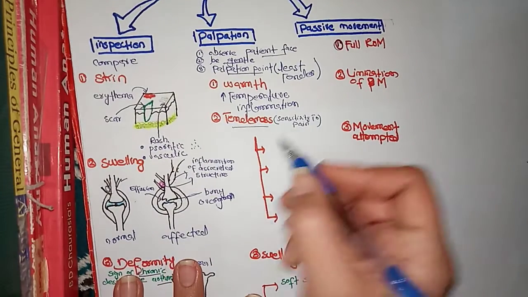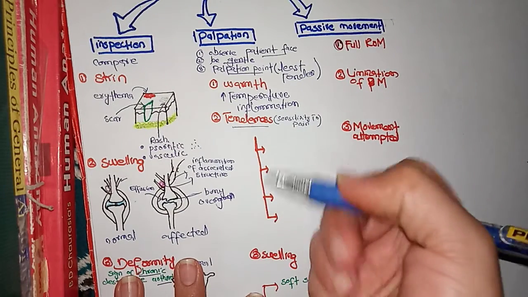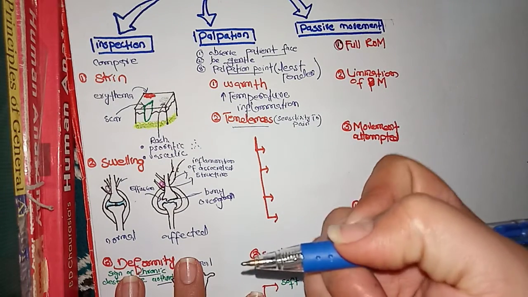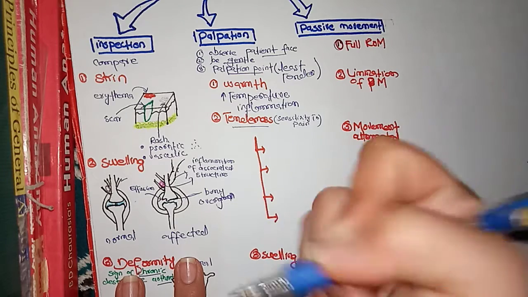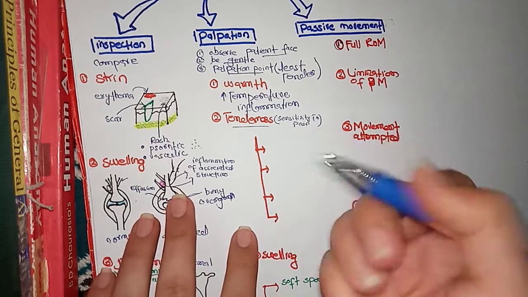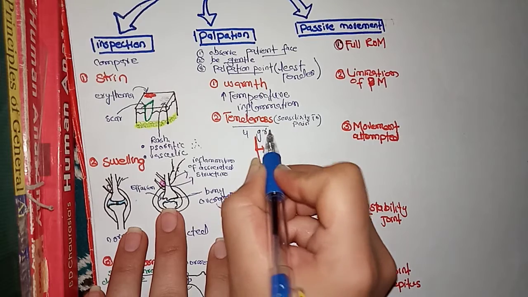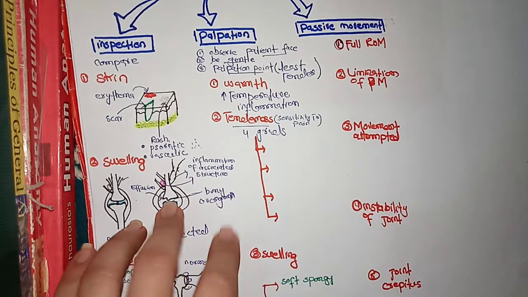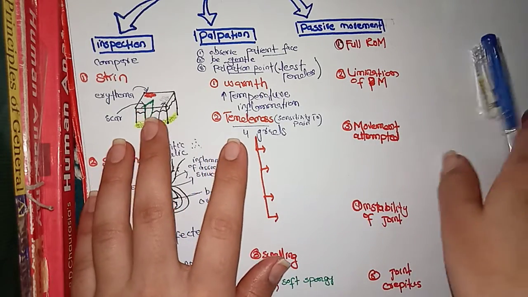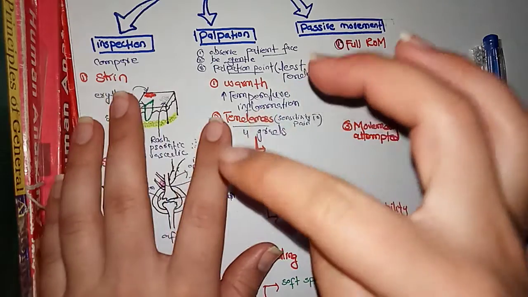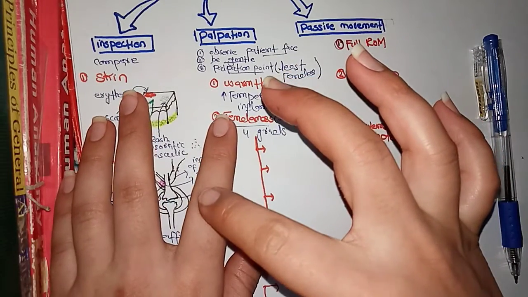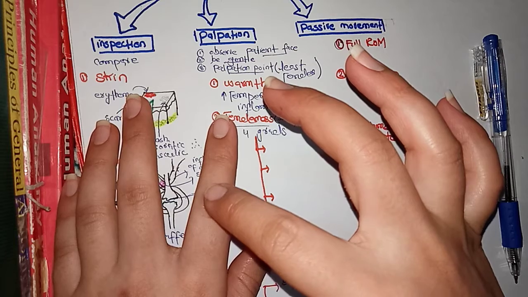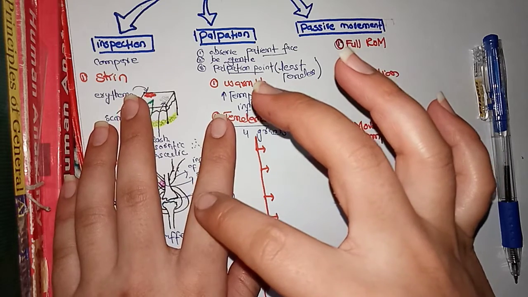And the next thing you observe is the tenderness. Tenderness is actually the sensitivity to pain, that the patient becomes more sensitive to pain. Tenderness has 4 grades, so you have to concentrate. The first grade is when the physician palpates the joint and the patient feels pain and tells them they are feeling pain.